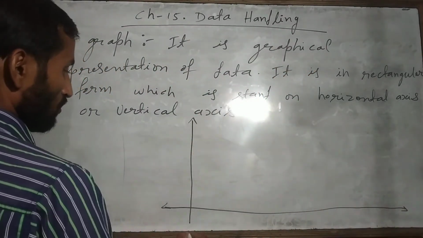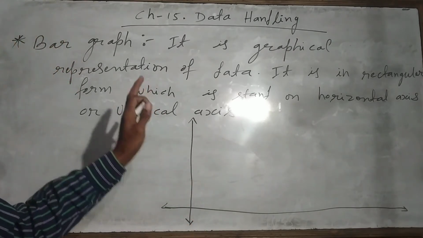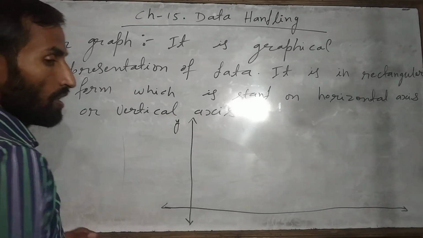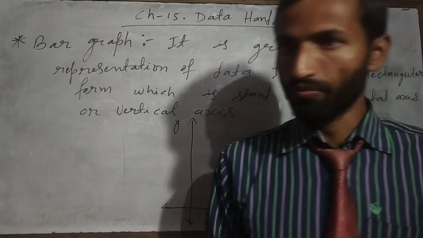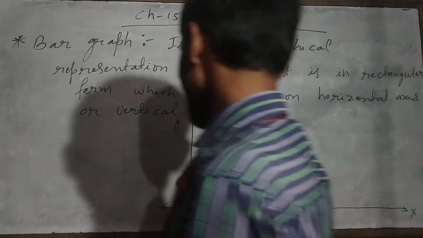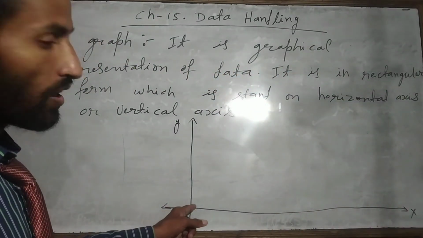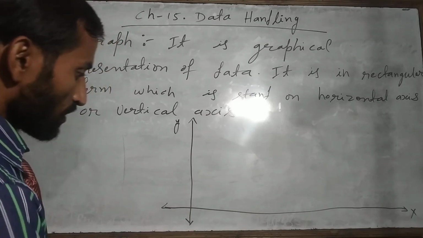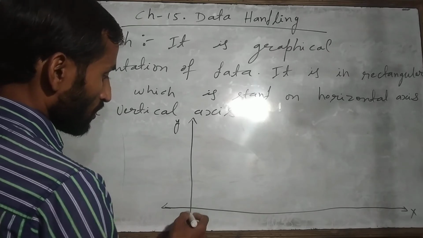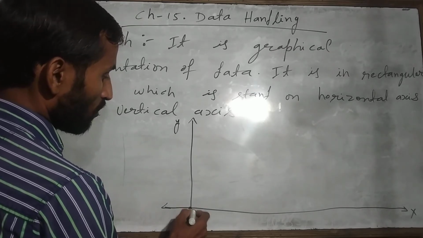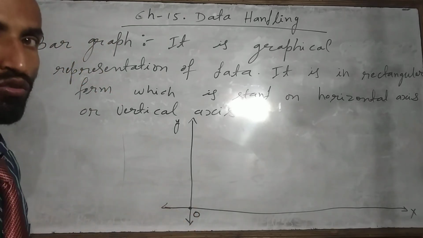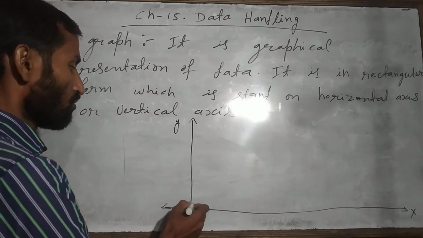We can name the vertical axis as the y-axis, and always remember the horizontal axis is the x-axis. Where both axes intersect perpendicularly, a 90 degree angle comes. This point is called O, the origin. At this point the value of x is 0 and the value of y is also 0.